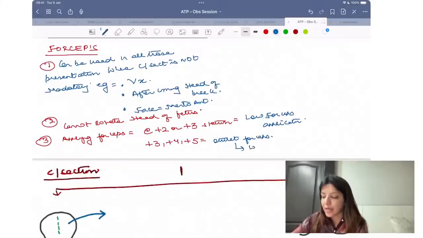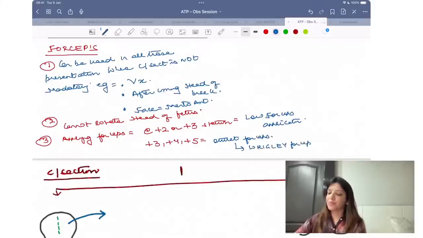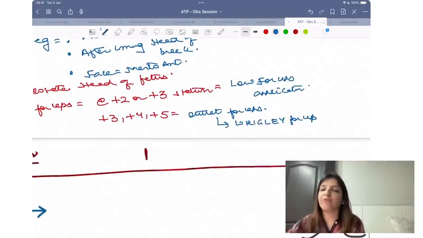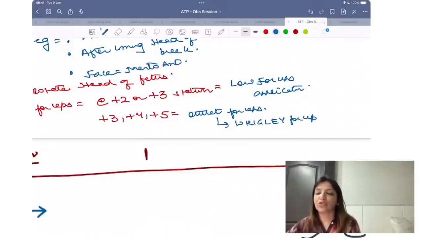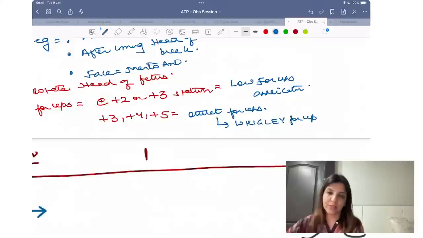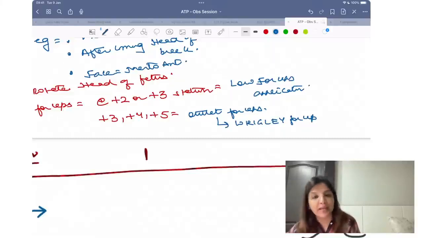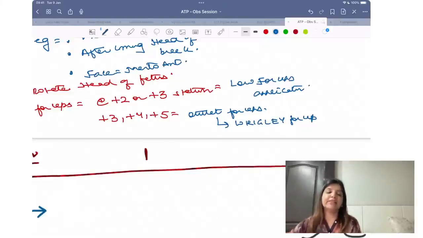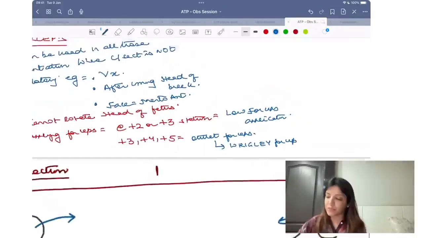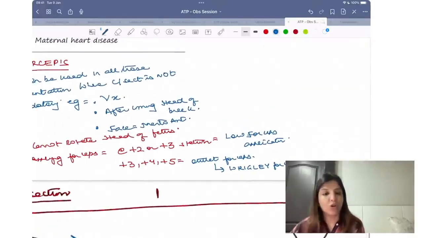Outlet forceps has only one example, Wrigley's forceps. Clear to all of you?